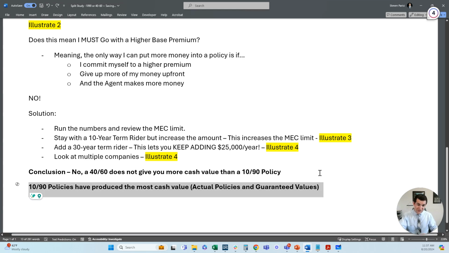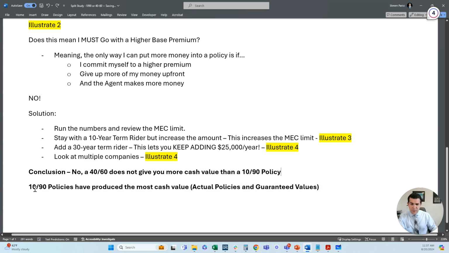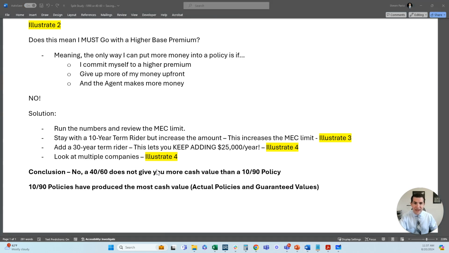What we've always seen in terms of proof, and we've got case studies and real policies that date back as far as 1975, minimum premium policies have produced the most cash value. 1090s didn't exist back in 1975, not that I'm aware of, at least. But we've got policies dating as far back as 1975 where we track the actual cash value performance.